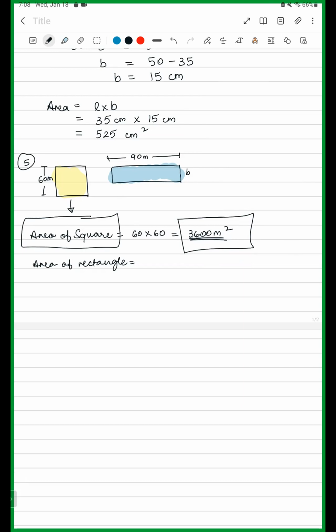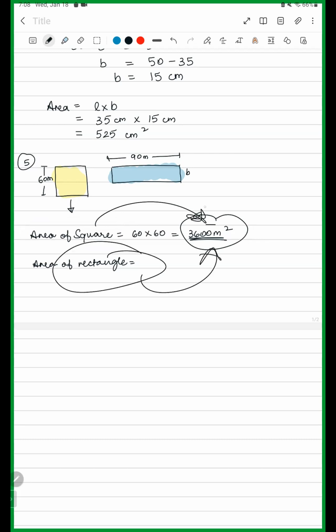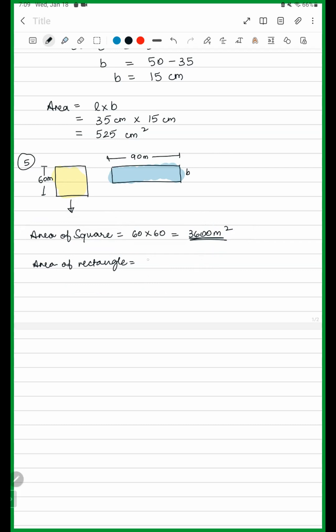The square and the rectangle have the same area. So whatever the area of the square is, the area of the rectangle will also be equal to that only. Right? So area of the rectangle is equal to, as you said, 90 into B, and that will be equal to 3,600 meters squared. Okay.